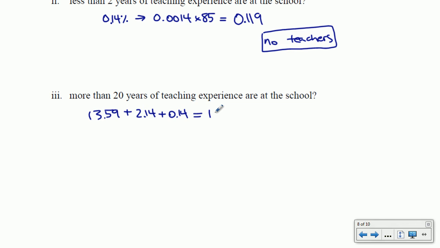We get a total of 15.87%. And if we want to figure out how many teachers that amounts to, we go 85 times that number as a decimal, which is 0.1587. And that gives us 13.49. So approximately 13 or 14 teachers.